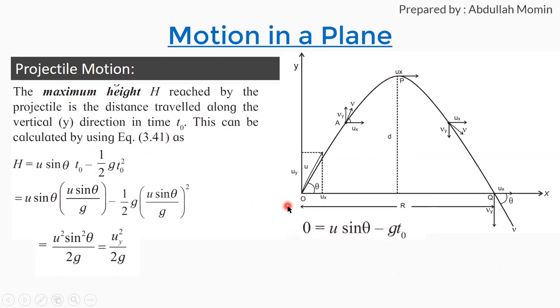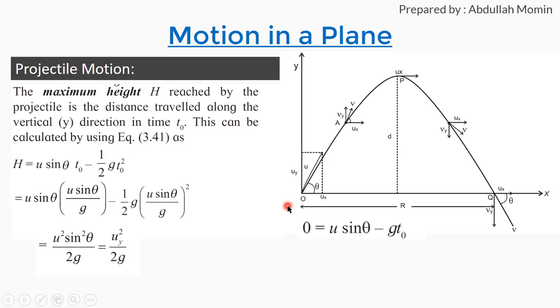Now see, this is u sin theta into u sin theta, so it will become u square sin square theta by g minus half g into u square sin square theta by g square.